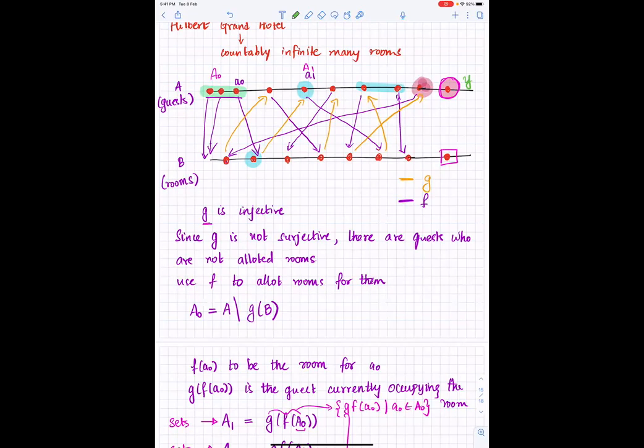So can you be displaced again, is what you're saying? Yes, ma'am. If he's in Ai, in the ith step, we will just put him in room f of Ai. So then he's gone, no more trouble for him. He can just go sit there. We won't disturb him further. Because in the next round, he won't be in A2. In that round, we will only care about people who have not been assigned.